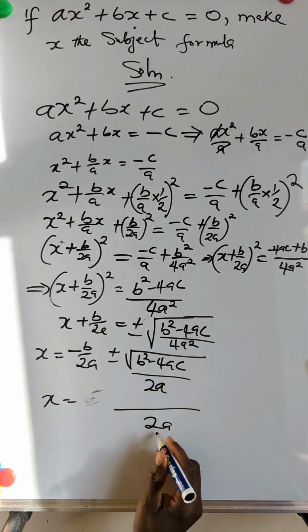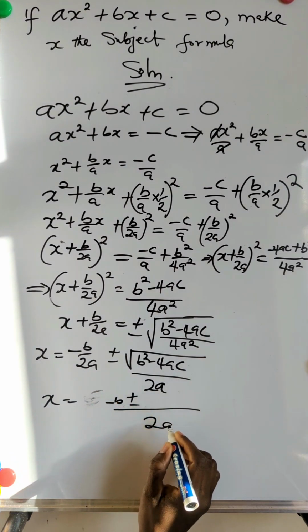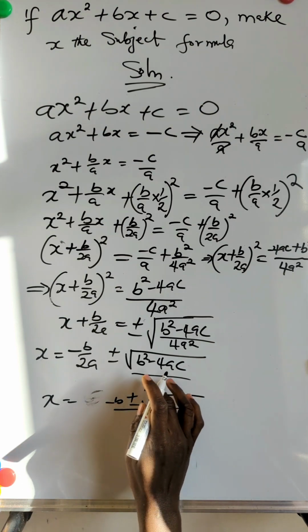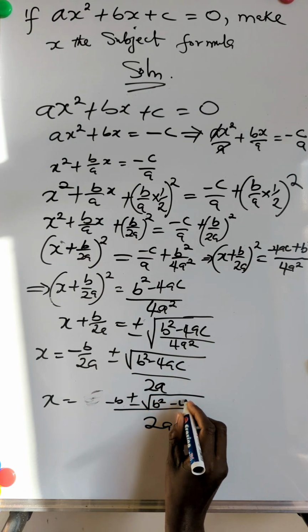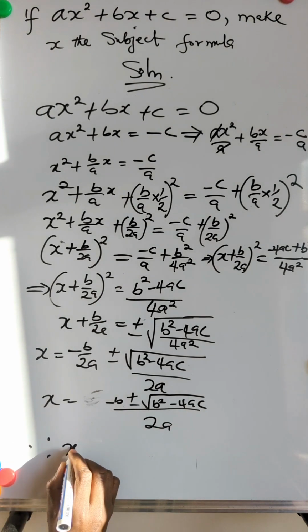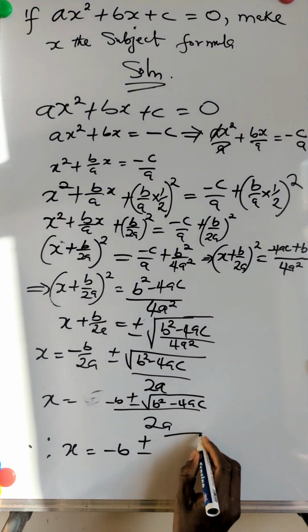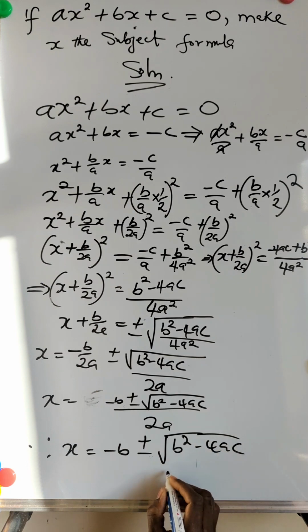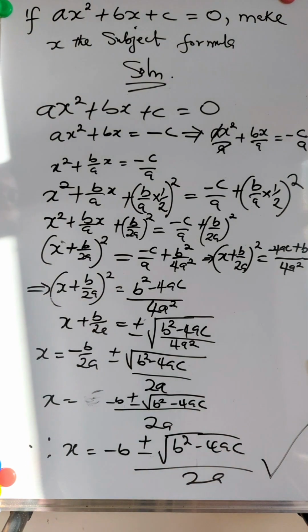Now 2a going into 2, everything remains the same, minus b plus or minus the square root, and b squared minus 4ac. Therefore, our x is equal to minus b plus or minus the square root of b squared minus 4ac all over 2a. And this is exactly what we are trying to show.